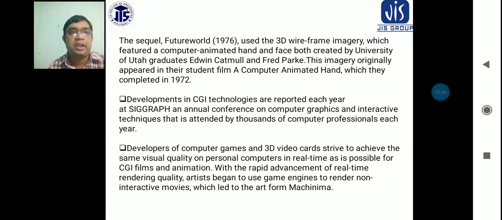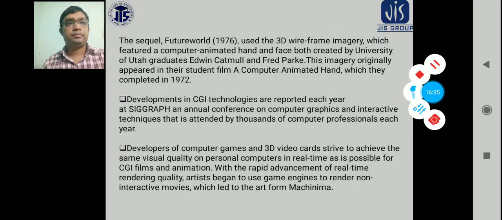Developers of computer games and 3D video cards strive to achieve the same visual quality on personal computers in real time as is possible for CGI films and animations. With the rapid advancements of real-time rendering quality, artists began to use game engines to render non-interactive movies, which led to the art form machinima.